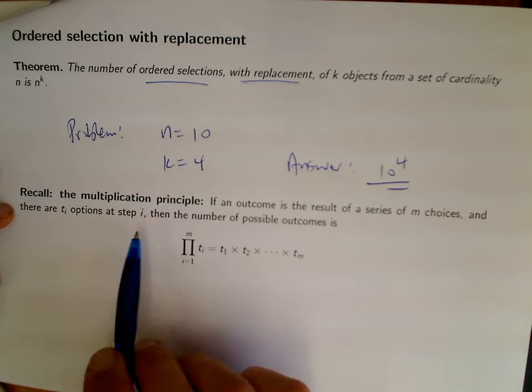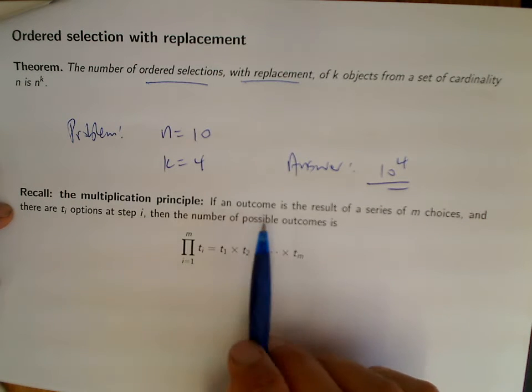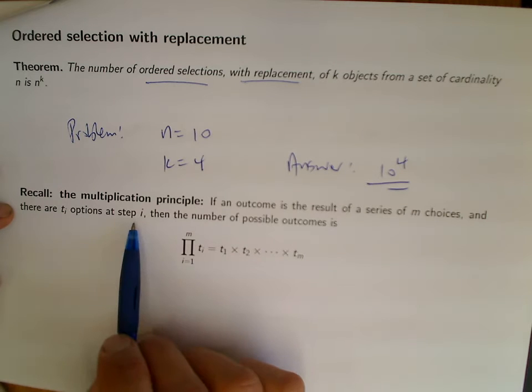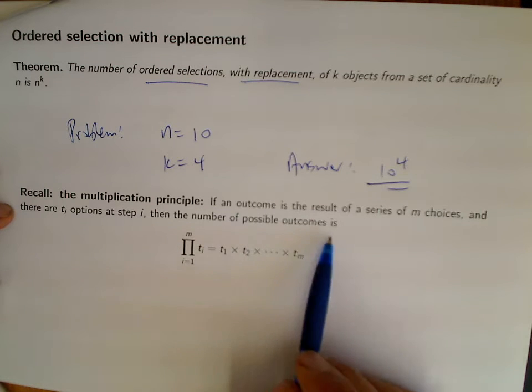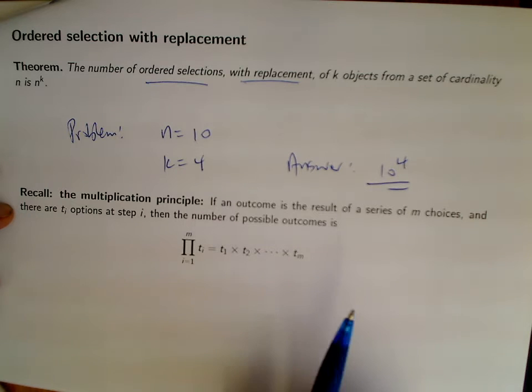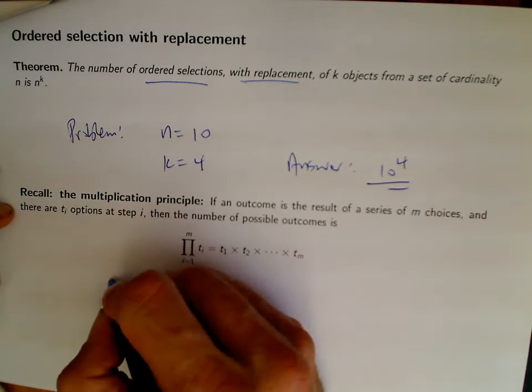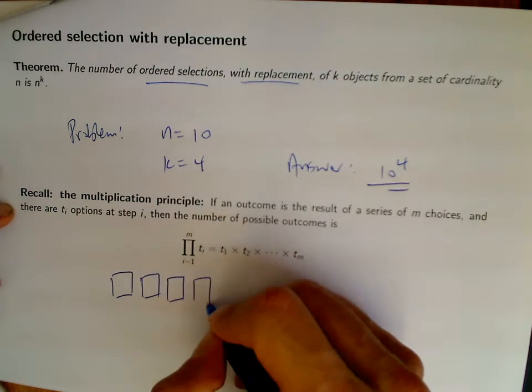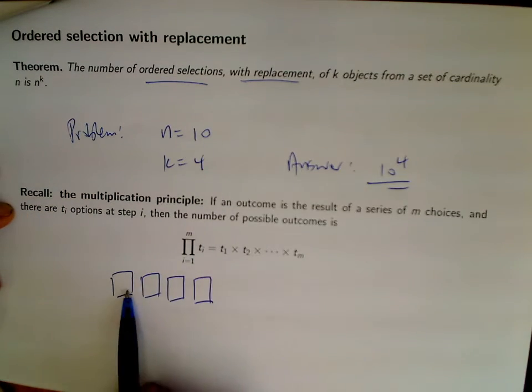Let's recall our multiplication principle. It says if an outcome is the result of a series of n choices, and there are t_i options at step i, then the number of possible outcomes is just the product of the number of options at each step. The way we could think about choosing these postcards is we could write down 4 boxes, corresponding to the 4 friends, and inside each box we write which postcard we get for them.